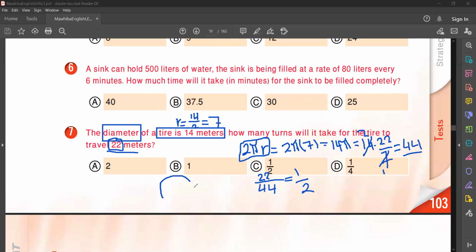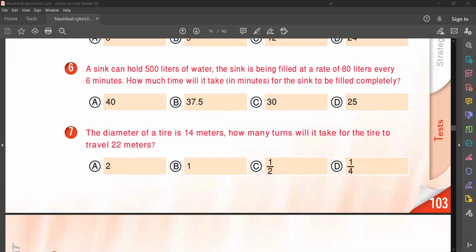When you turn one time, you get 44 meters. But when you turn half, you get 22 meters. So we divide 22 meters by 44 and get half. So the correct answer here is C. I think it is easy for you.